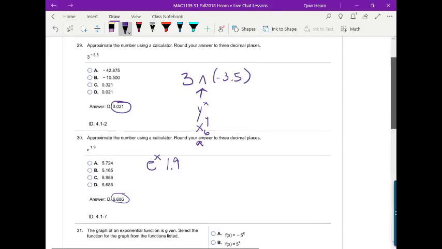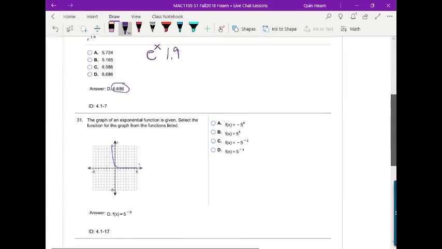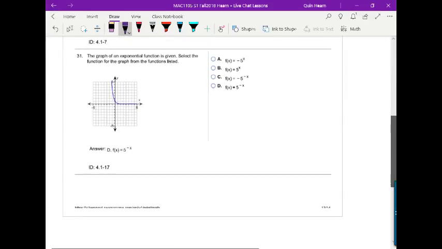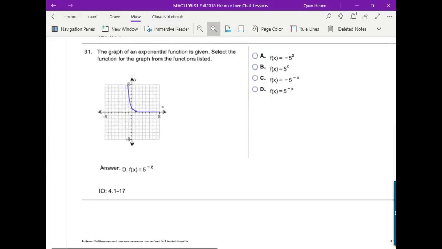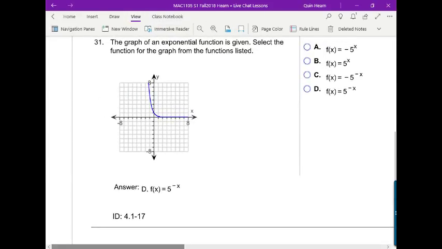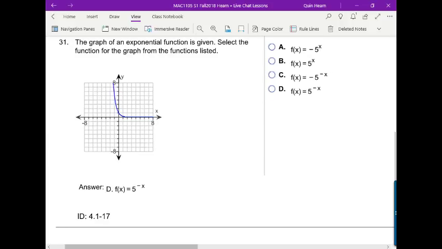All right, but now we're going to go back to talking about graphs. Let me make this a little bit bigger here. This is a sample problem which is multiple choice. It says the graph of an exponential function is given. Select the function for the graph from the list.